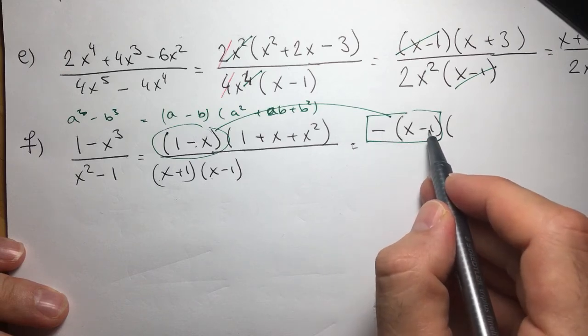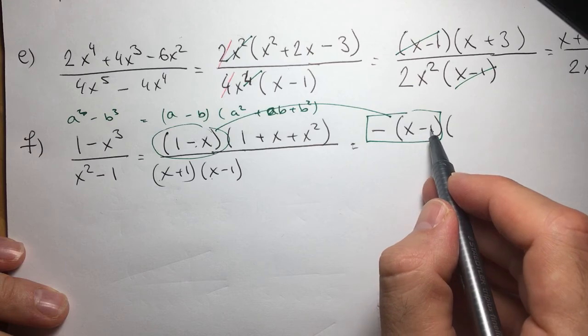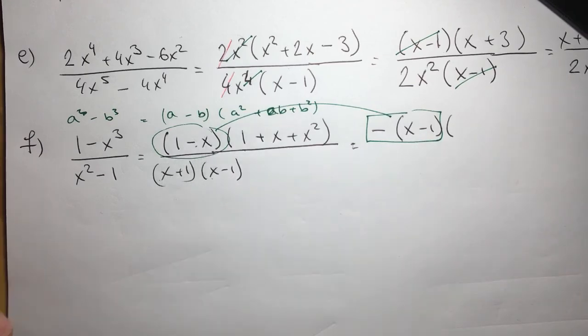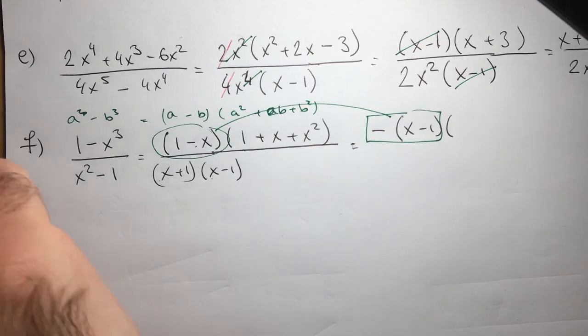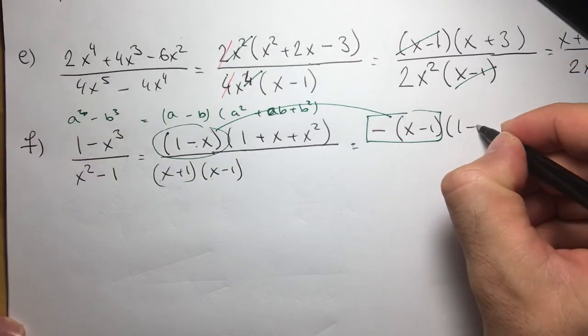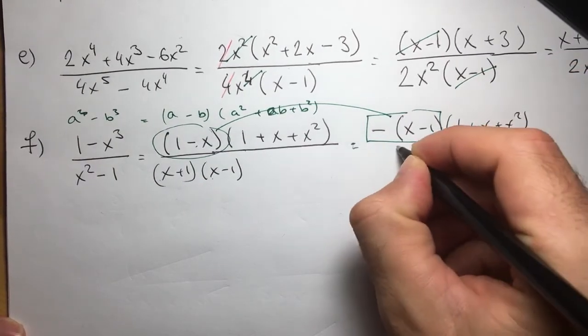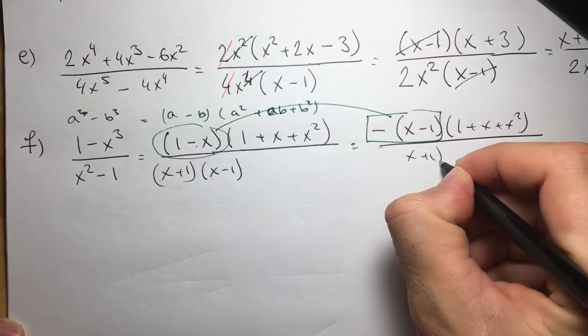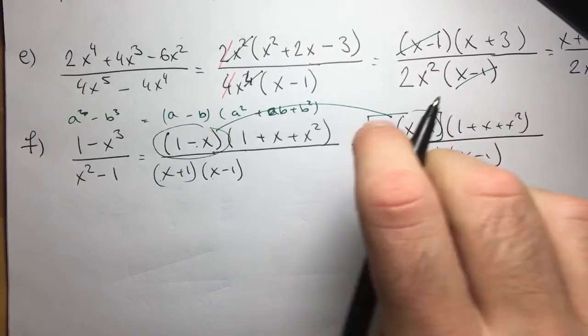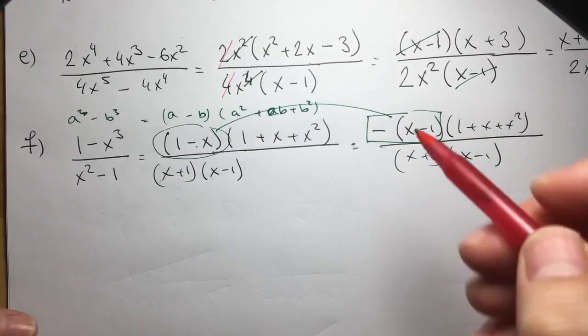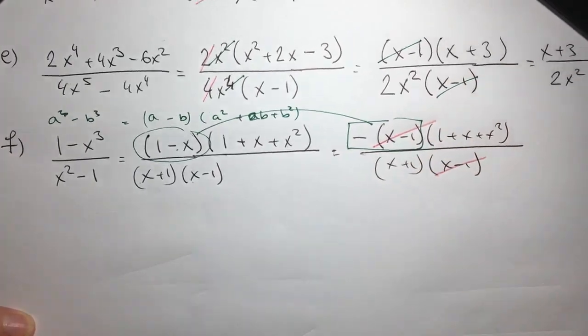Negative times negative 1 is positive 1, so negative x plus 1 is 1 minus x. And then copy everything else. And then you can simply cancel the common factor.